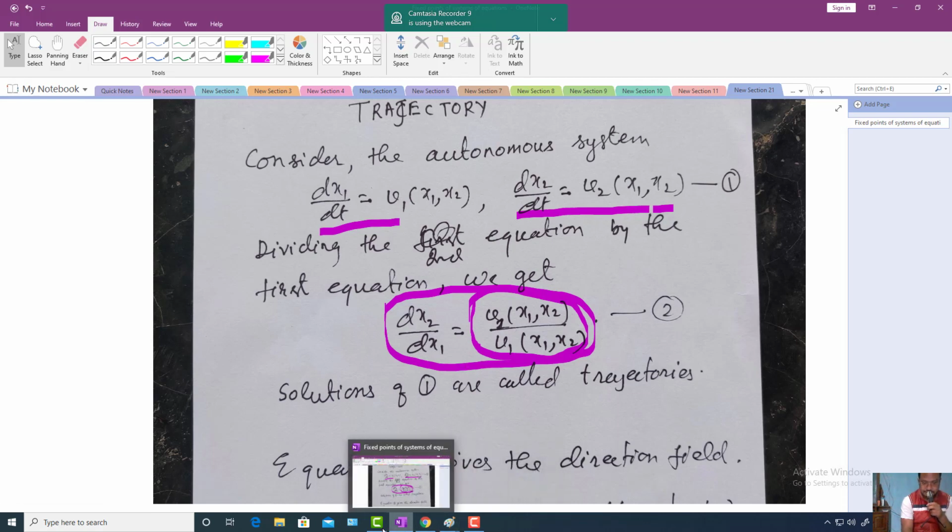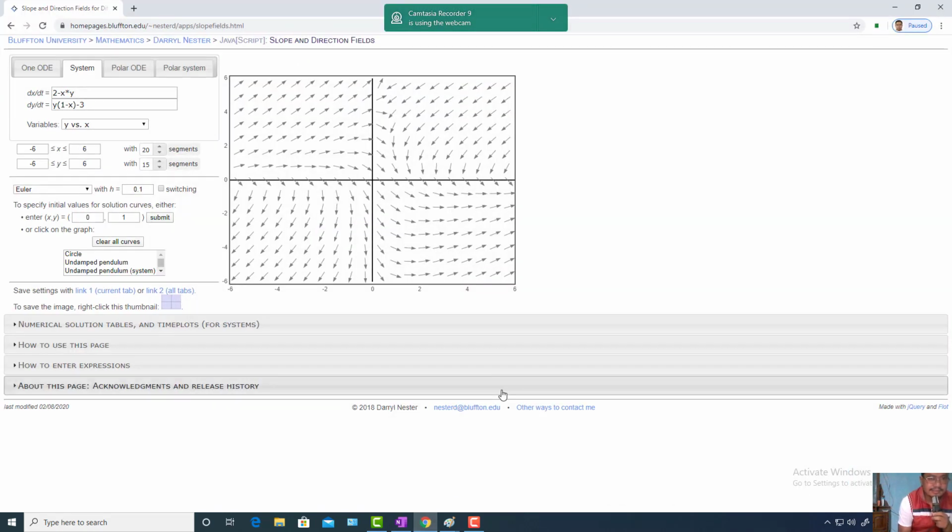Let us go back. This is the direction field for the system. Here I am using x and y. dx by dt is equal to minus xy. When you use this online free software, don't forget to use a star for the product.